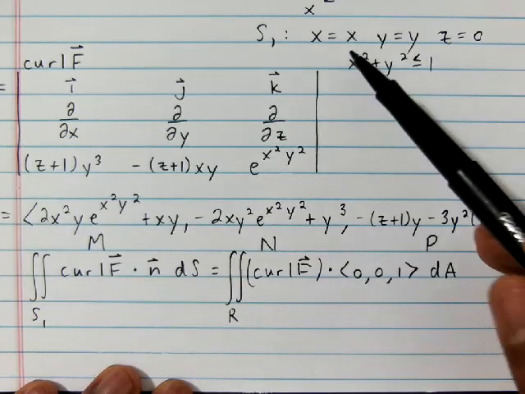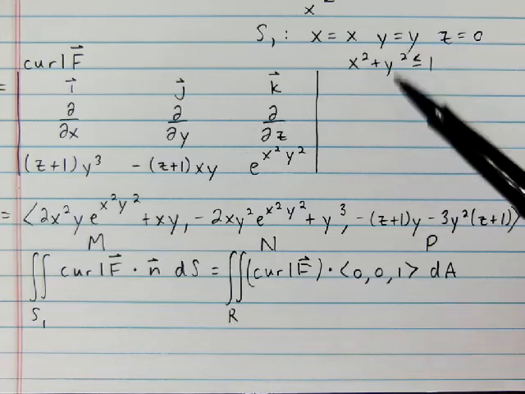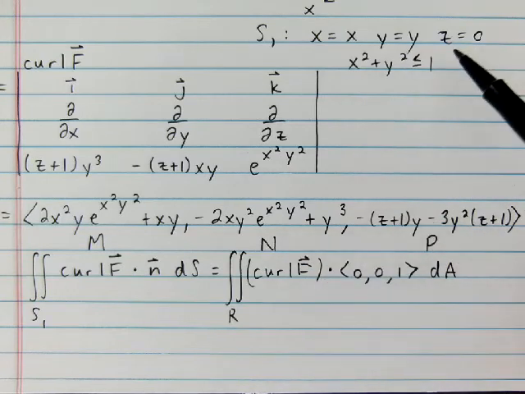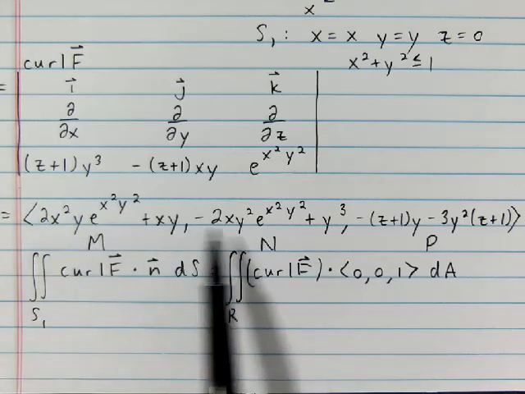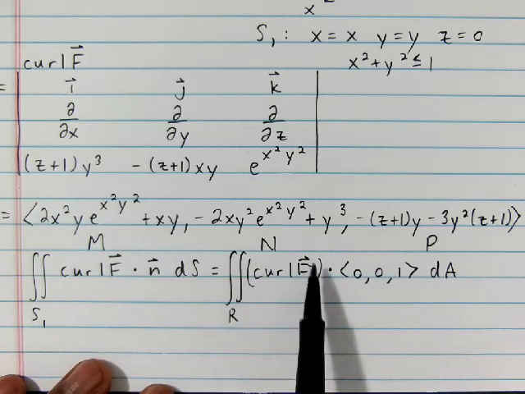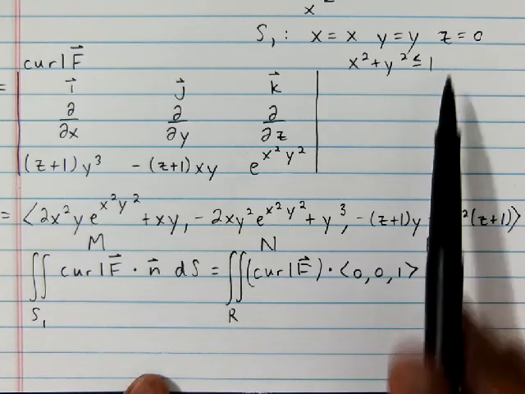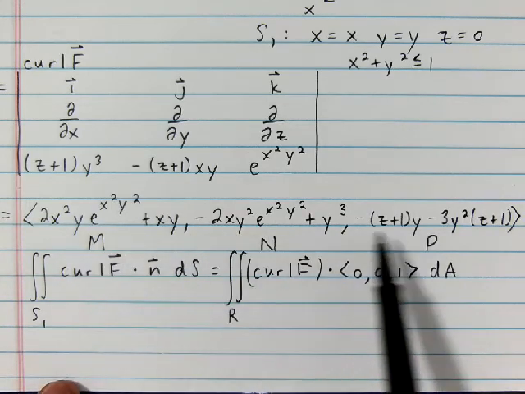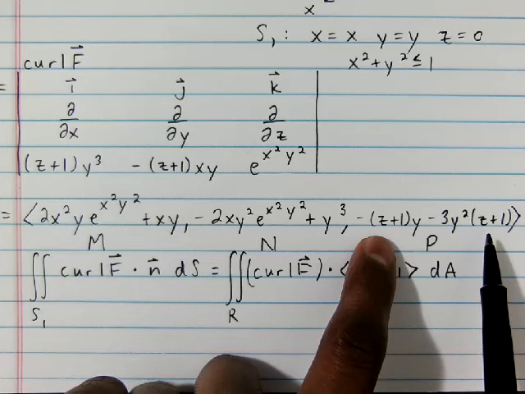So all of the x's change to x, all of the y's change to y's, and all of the z's change to 0. We don't even have any z's up here, those are going to disappear anyway. But really at that point we should be substituting in z equals 0. I didn't want to write this whole thing out again just to put in zeros for z, so we'll just do it on the next line.